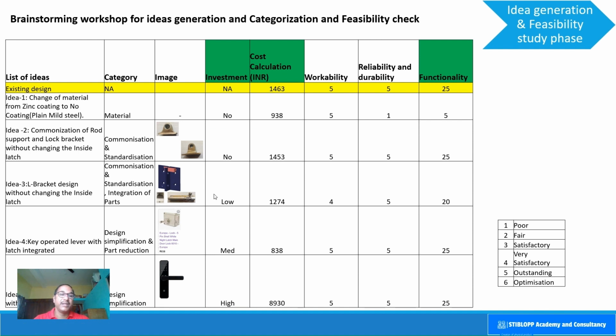Here the design is very much simplified, and the complete inside latch is integrated into this complete lock. Okay, so here the investment is medium, whereas for idea number three the investment is low. The cost is low as compared to the previous design. However, the functionality remains intact.